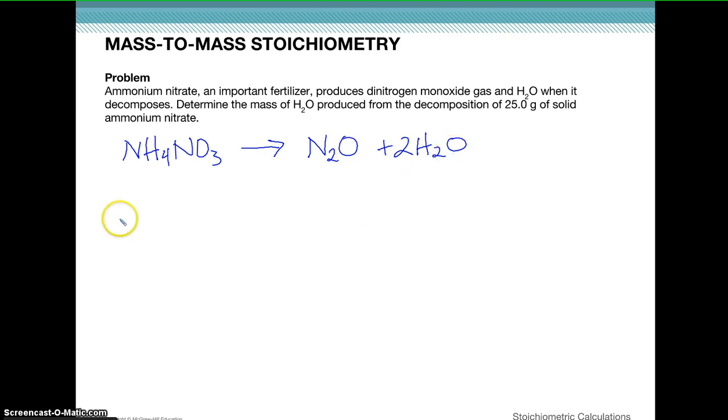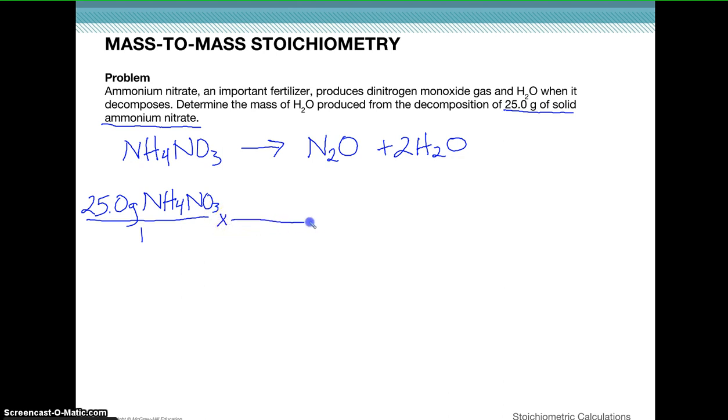Okay, so now we want to do our calculation. We start with what we're given, 25.0 grams of solid ammonium nitrate. 25.0 grams of NH4NO3 over 1. All right, so now going back to our formula, we have grams, we have to turn it into moles.